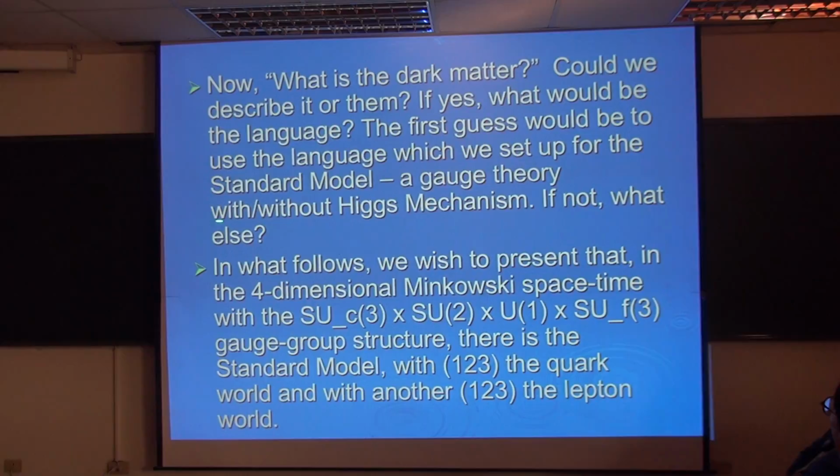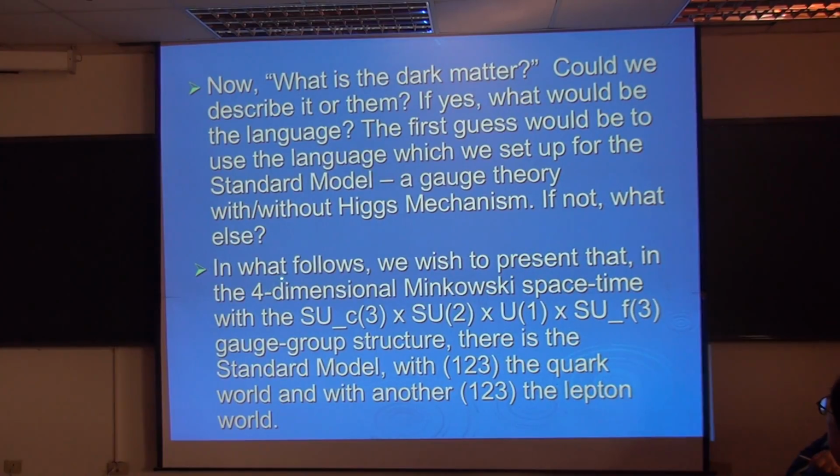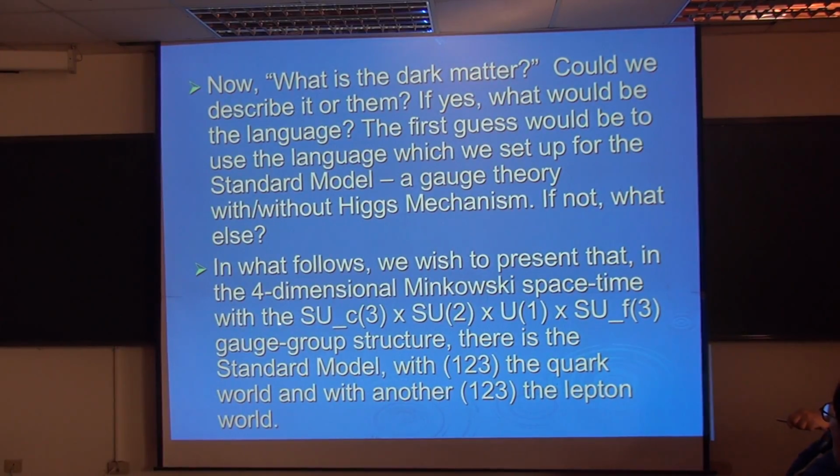So in what follows, I would wish to present that in the four-dimensional Minkowski space-time with this group structure, force field structure. So there is what we call the standard model with the 1, 2, 3 for a quark, another 1, 2, 3 for a lepton.